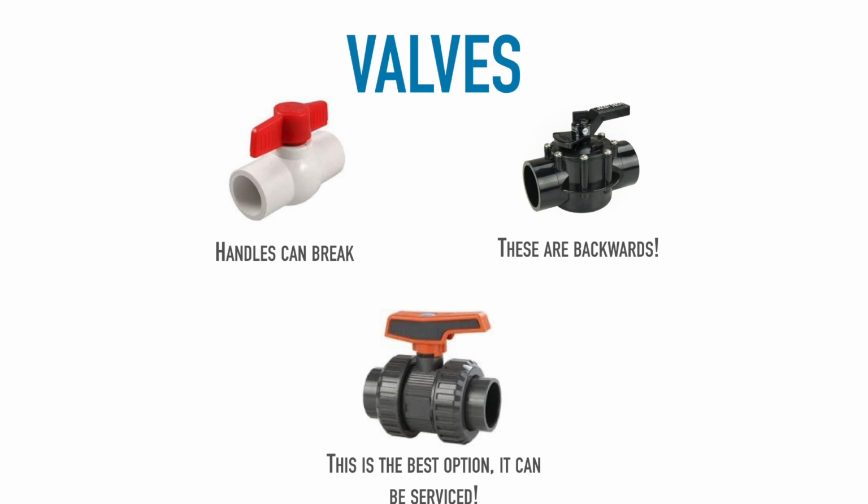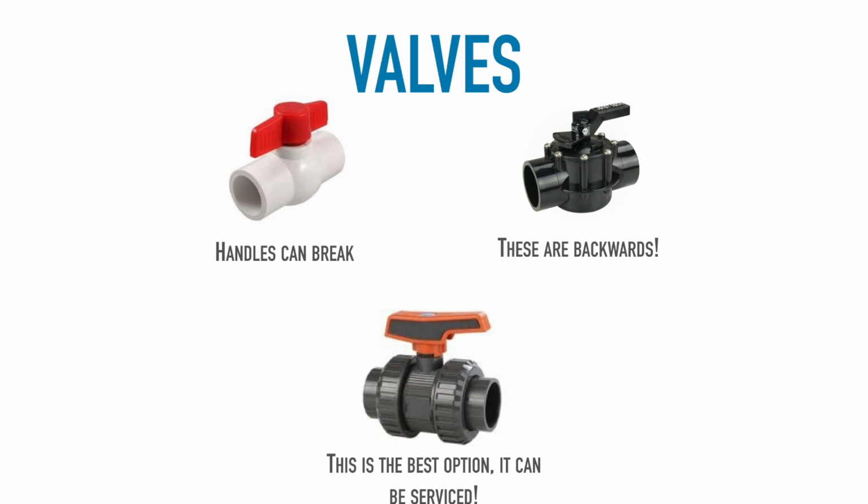When it's running perpendicular with the pipe, that line is open. This goes completely counter with what we're always used to. And these Jandy valves are one of the most popular and most commonly used valves out there. So if you're new to pools and spas, make sure you're checking to see if you have those Jandy valves because you'll know that they're backwards.